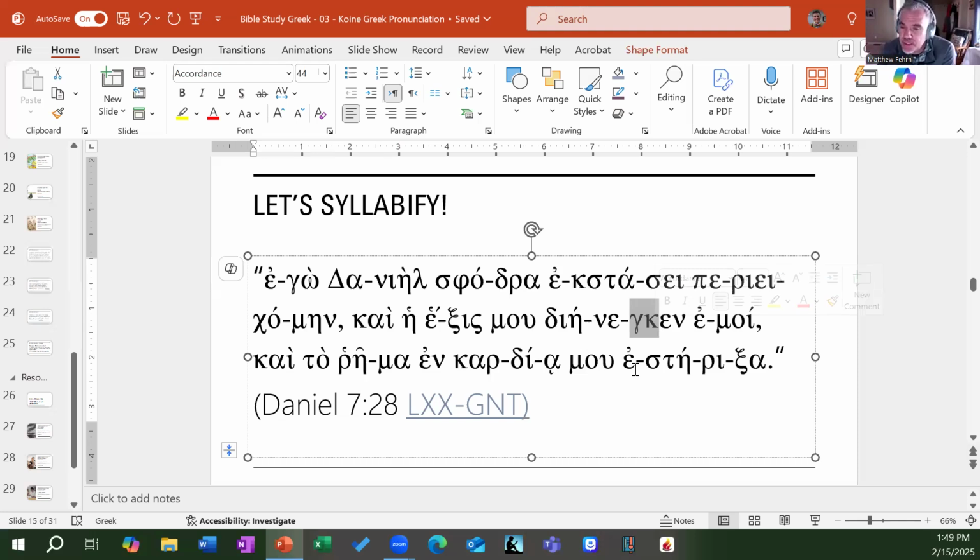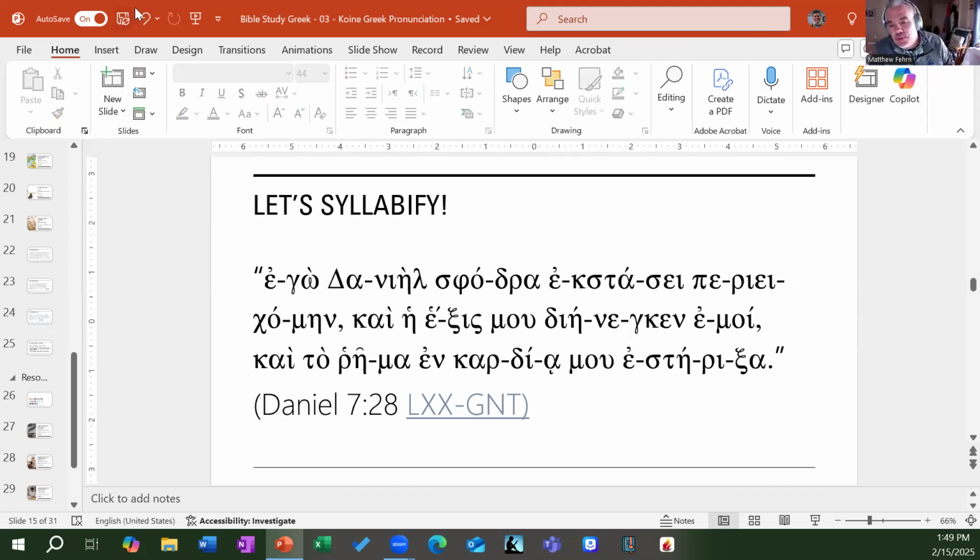So it serves as an N there. And if you struggle with some of these, Blue Letter Bible does a great job of pronouncing them, whether they're 100% right. If you have no idea how to pronounce it, go to the Blue Letter Bible, figure out the letters and put it in there, and it'll help you pronounce it. It does a good job.